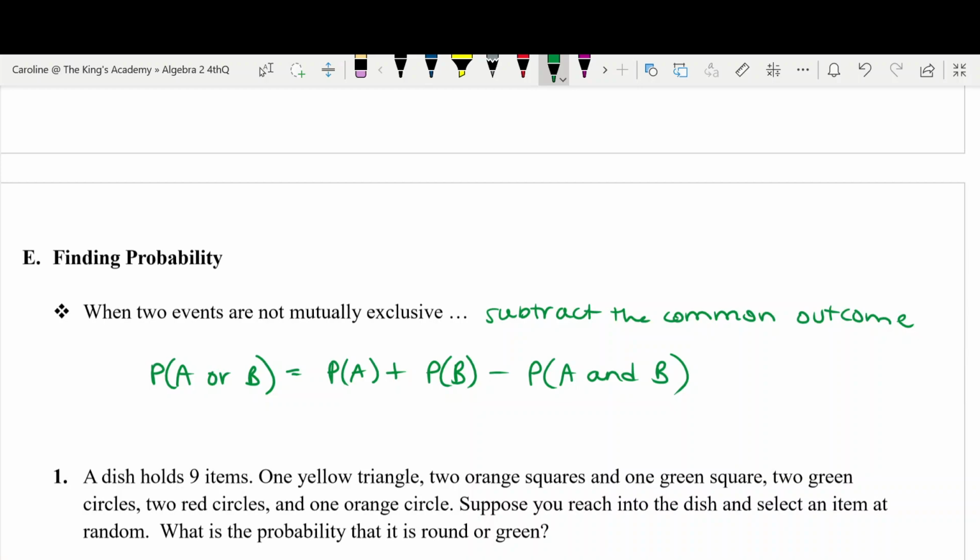The key word is or here. And means multiply. Or means add in the land of probability, right?